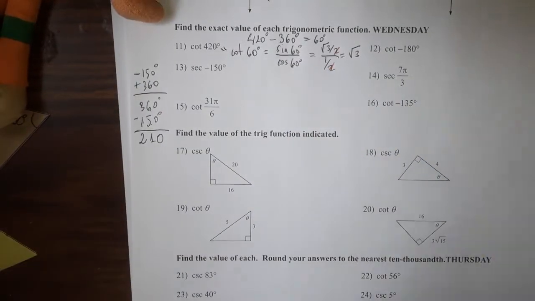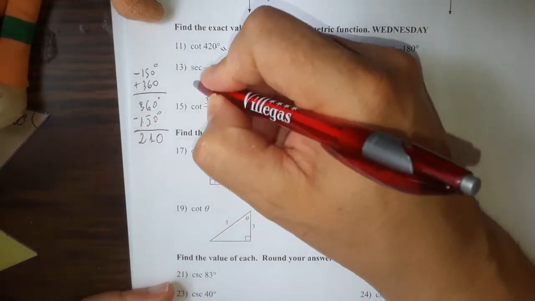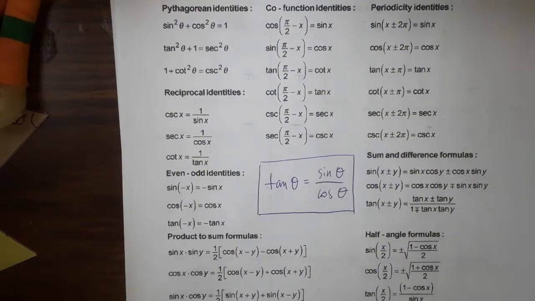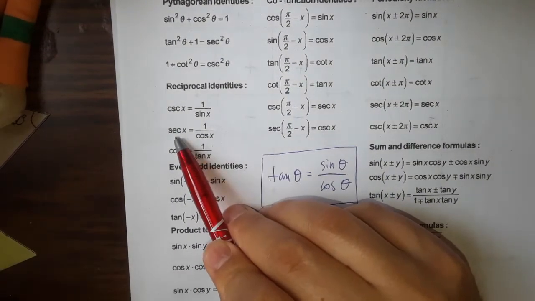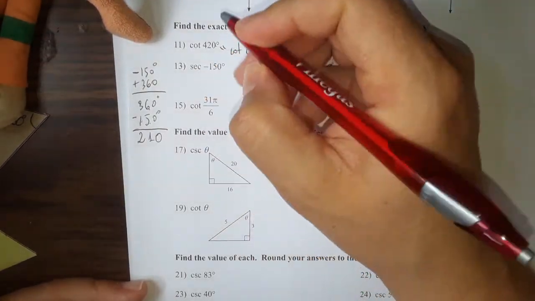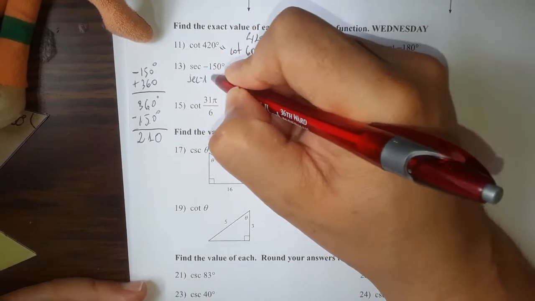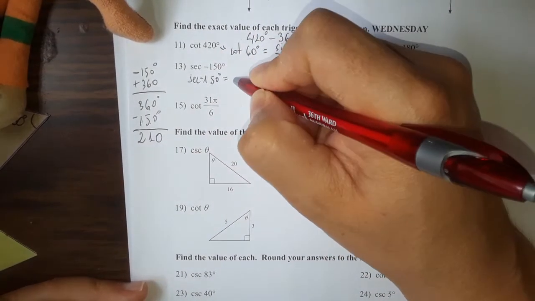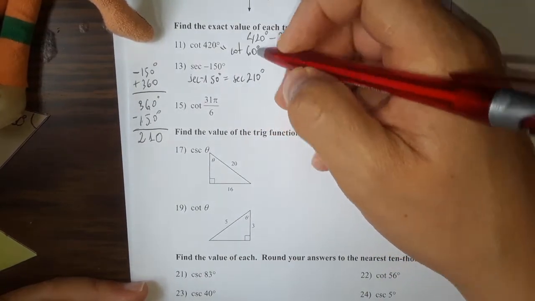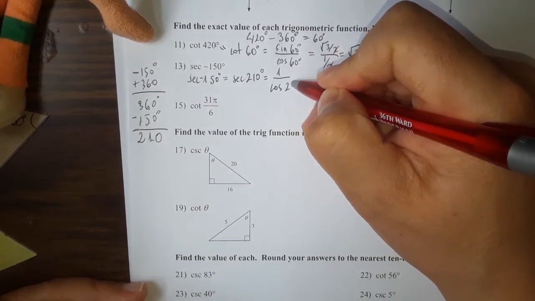That's it. So it's secant, and secant, it's because of the definition. Remember, we have to look at those definitions here, right? Secant is 1 over cosine of x. So let's do it step by step. Secant of negative 150 is the same as secant of 210, and then this is 1 over cosine of 210.